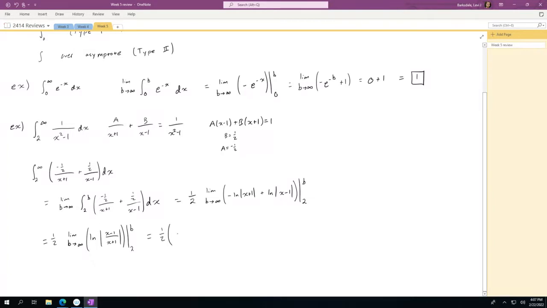So I have the natural log of 1, which is 0, minus the natural log of the absolute value of 2 minus 1, which is 1, over the absolute value of 2 plus 1, which is 3. So I end up with negative 1/2 times the natural log of 1 over 3. And if I wanted to simplify that further, I can write 1/3 as 3 to the negative first, and then bring that power down out front as a coefficient.